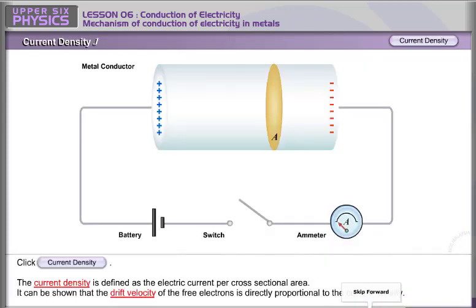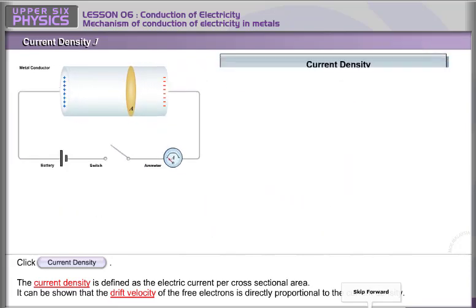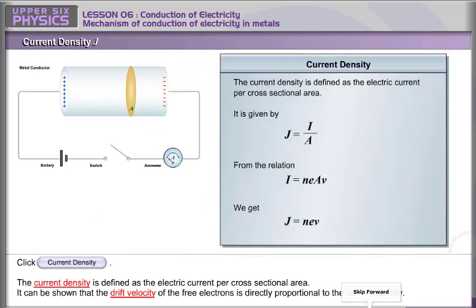Click the Current Density button. The current density is defined as the electric current per cross-sectional area. It can be shown that the drift velocity of the free electrons is directly proportional to the current density.